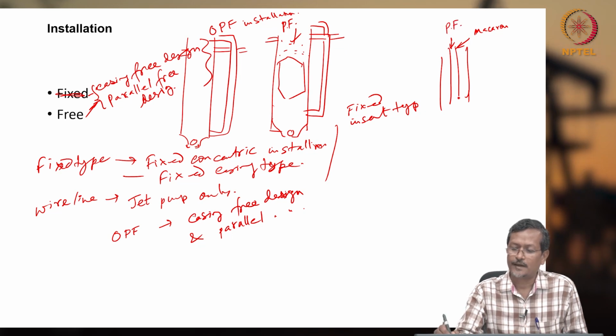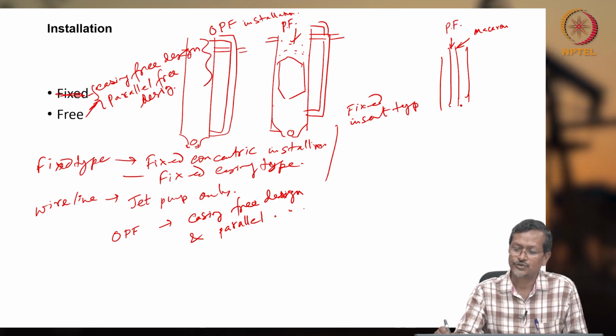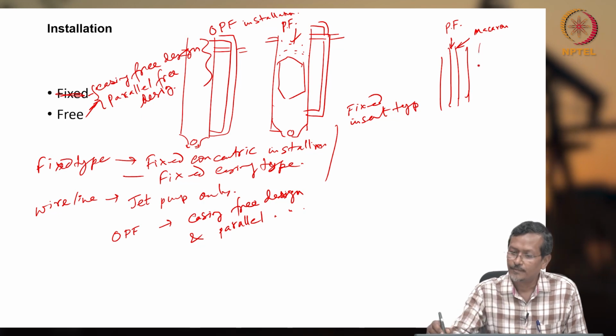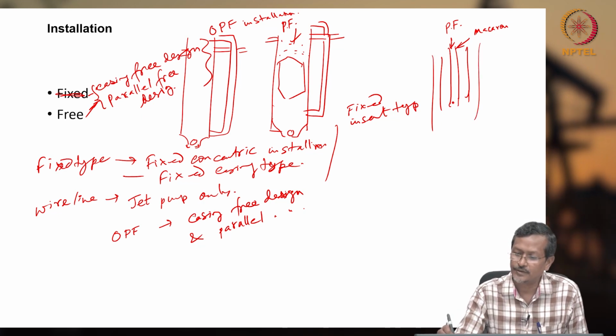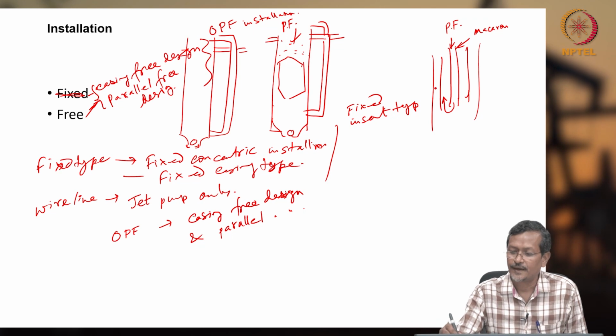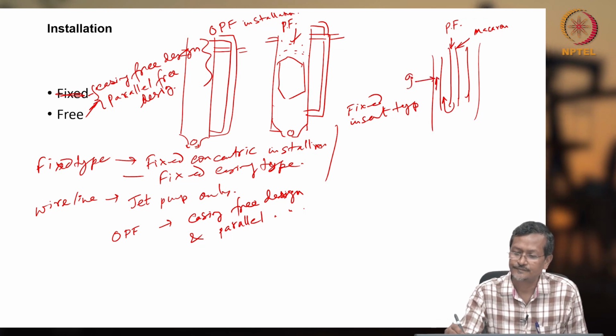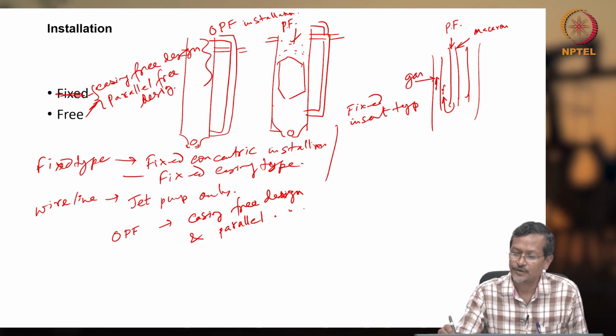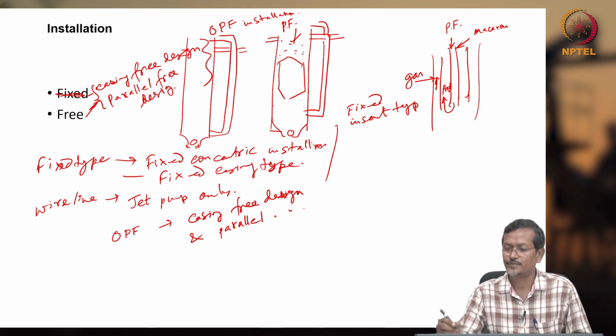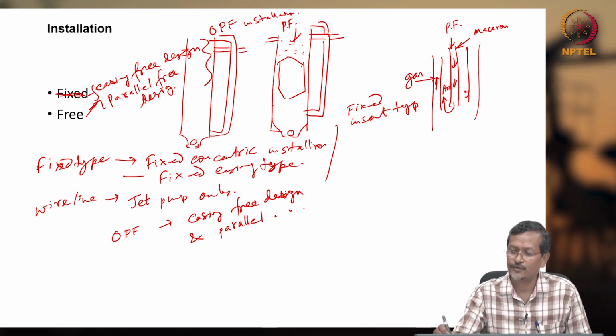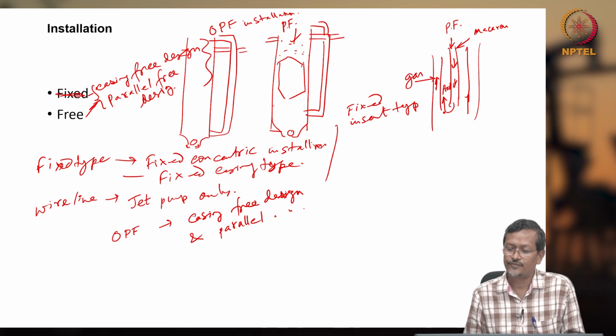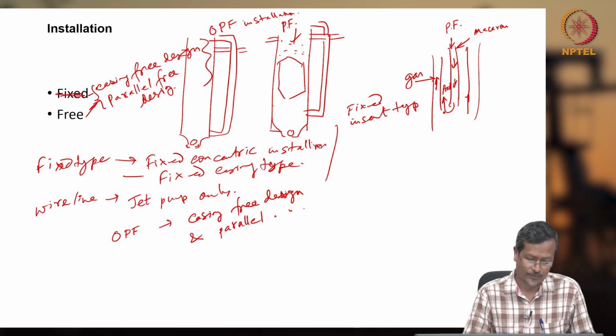So you can get production through your annular area, or maybe through this area, and gas can go through this, and this one can be production tubing, and power fluid is going through your macaroni tubing. So this way the fixed insert type works.